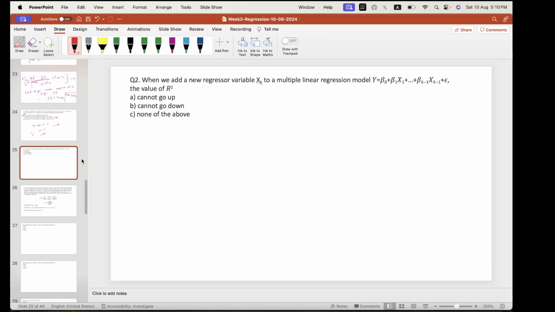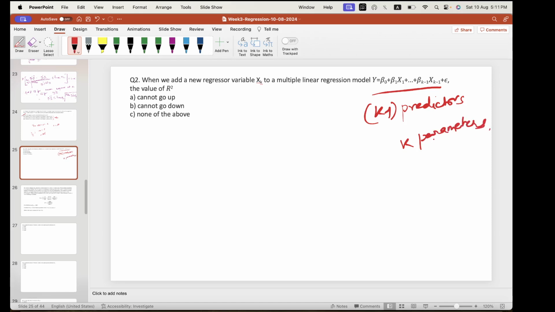Question 2 says, when we add a new regressor variable to a multiple linear regression model like this one, which has, so this model has k minus 1 predictors and k parameters.